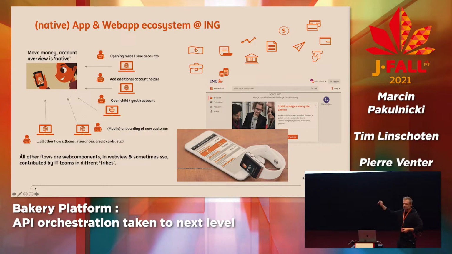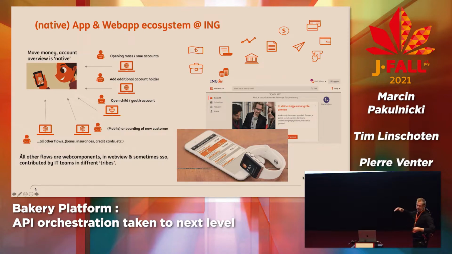All other digital flows are web-based and based on a contribution model from different departments, different tribes, such as daily banking. So for the coming slides, it's really important to notice that we don't have one centralized mobile team natively developing all the digital flows for opening or closing accounts.